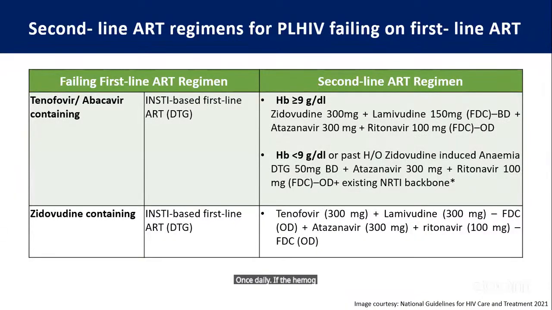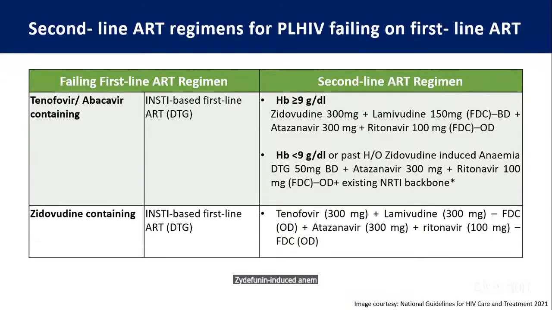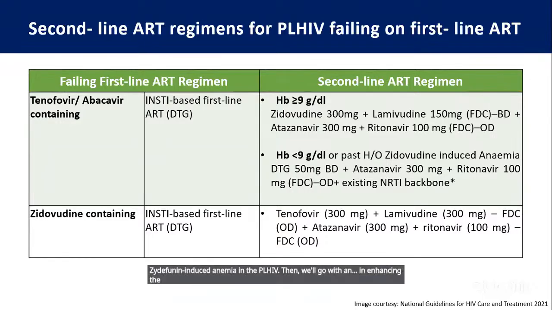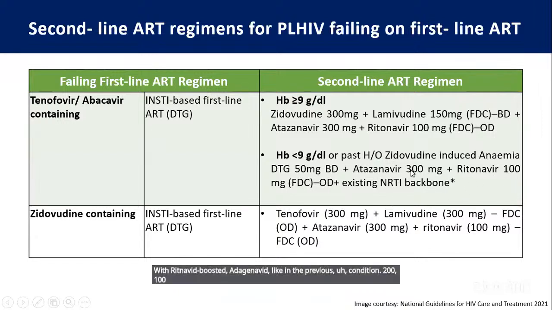If hemoglobin is less than 9 gram per dL, or if there is a past history of zidovudine-induced anemia in the PLHIV, then we go with enhancing the dose of DTG to 50 mg BD with ritonavir-boosted atazanavir 300/100, as in the previous condition, plus the existing NRTI backbone.